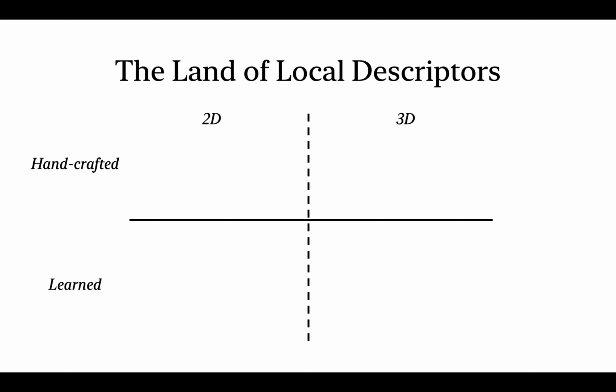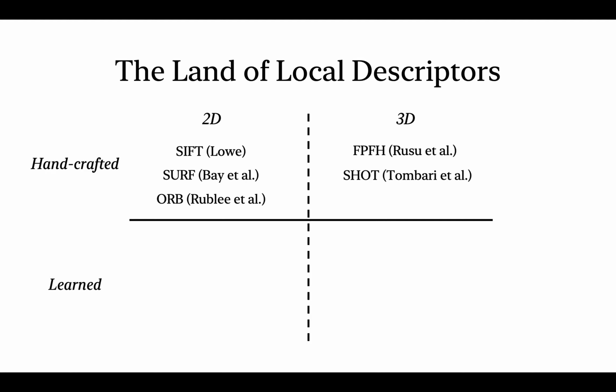The upper left quadrant gives us handcrafted 2D descriptors such as SIFT, SURF, ORB. These are very popular descriptors and have been well studied in the earlier days of computer vision. Similarly, the upper right quadrant contains traditional handcrafted 3D descriptors such as FPFH and SHOT.